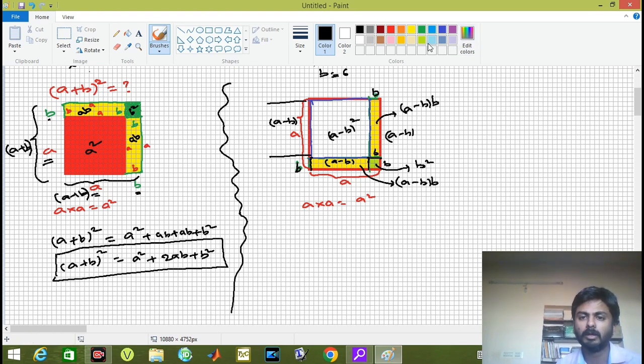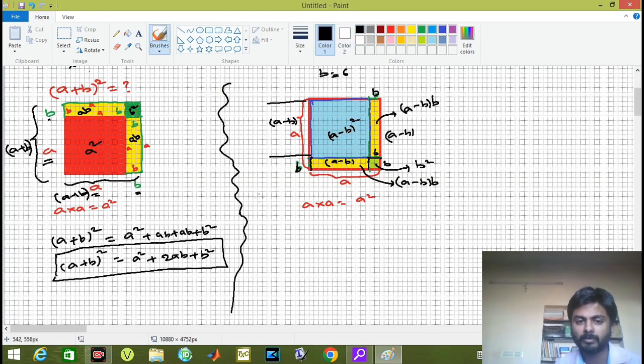Now I want to calculate only this (a minus b) whole square from the entire a square box. From the entire a square box, I want to remove these rectangles and this small square, and I only want to find the remaining square. For this I first write the entire area. The entire area is a square.